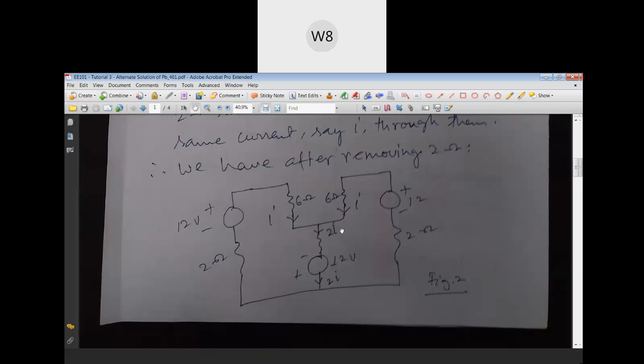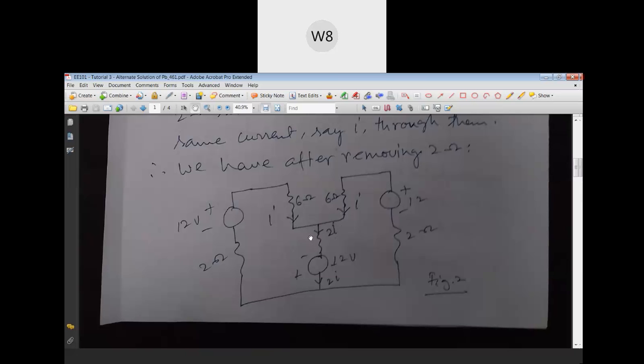Now our objective is to modify this 6 ohm and minus 12 volt so that the circuit can be split into two parts. Here we see that this 6 ohm carries a current equal to 2I: one I coming from this side, the other I from the other side.